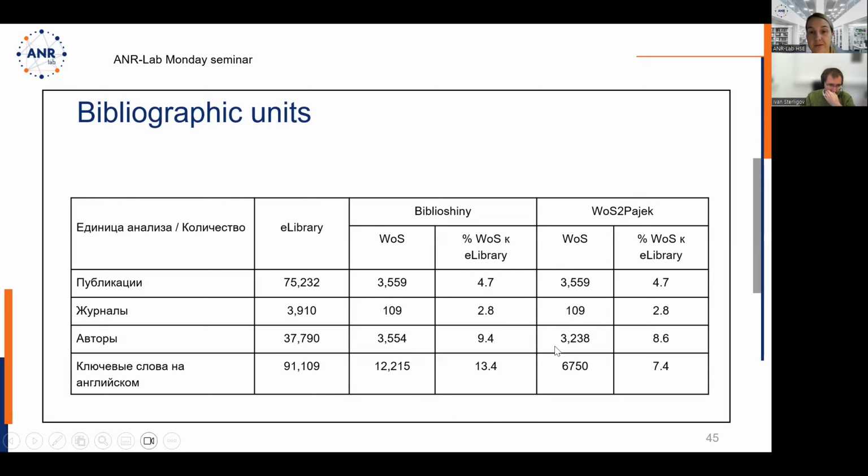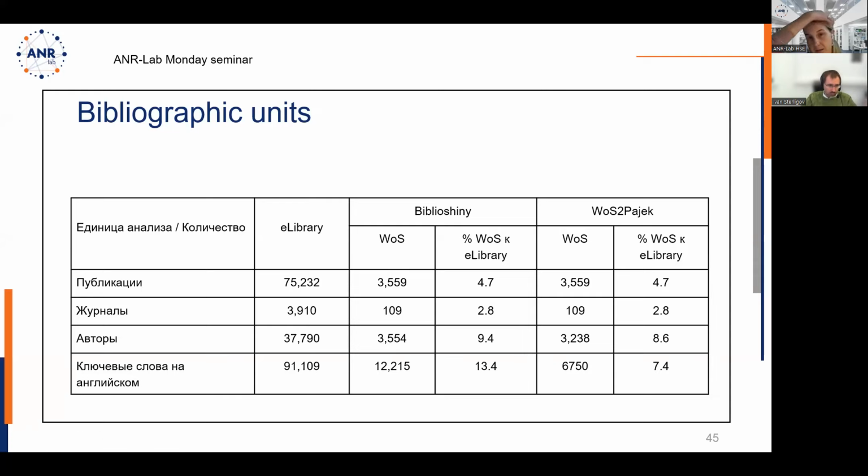But there might also be a problem that some authors with the same names but originally different authors could be merged, because they have the same combination of names. But anyway, the number of authors is pretty close, I would say, but the number of keywords is different again.